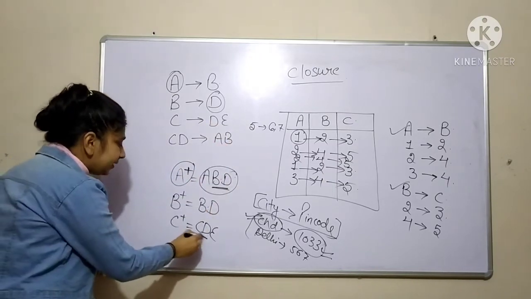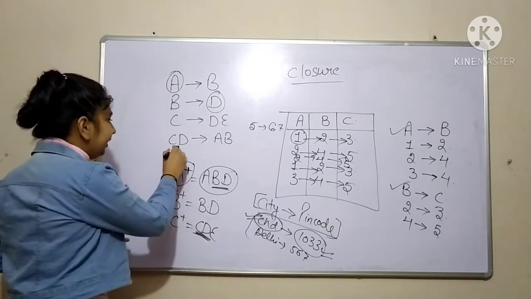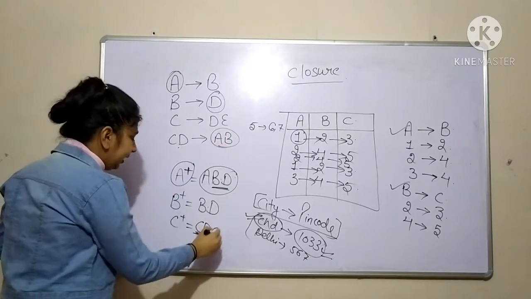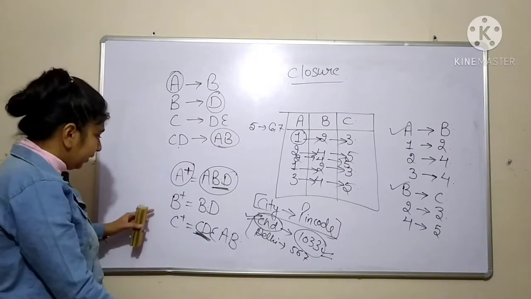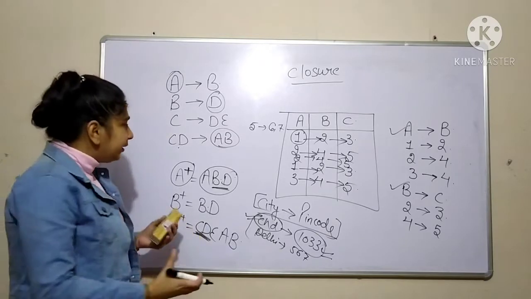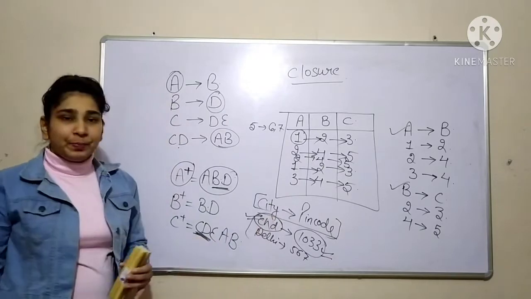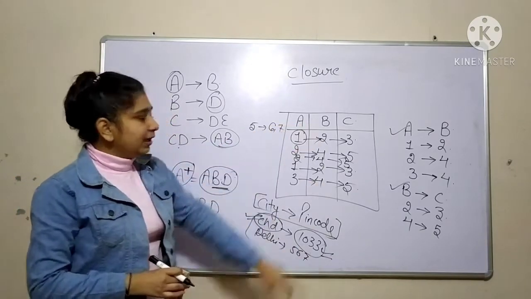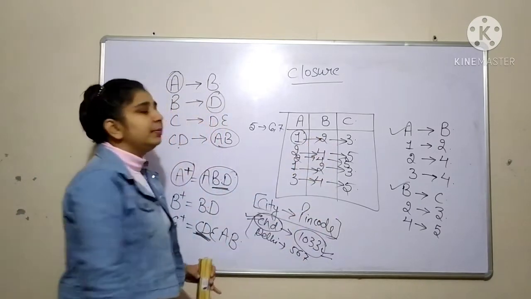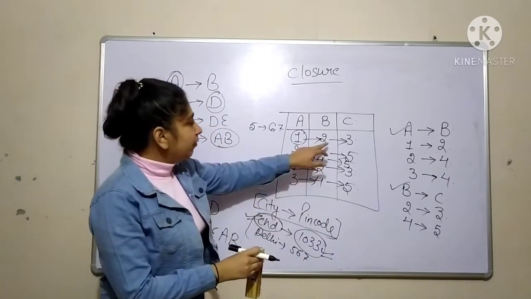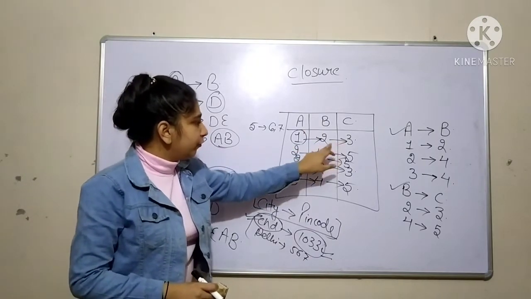With the help of CD, you are able to determine A and B. Just try to look at it in your mind with the help of arrows. If A is determining B, there is an arrow between these two attributes, and with the help of the B to C functional dependency, you are making an arrow from it.